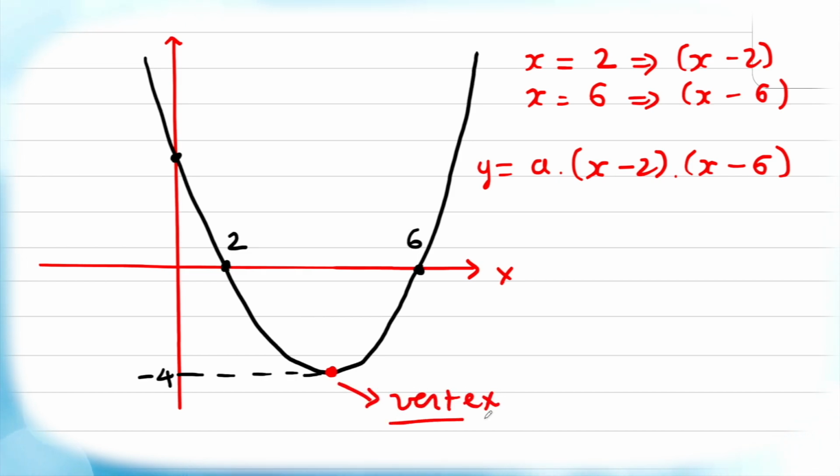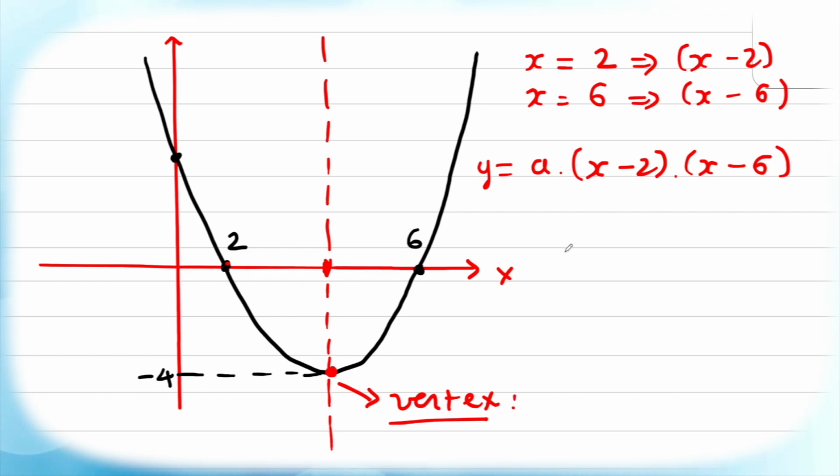So if you want to figure out the vertex, you need to figure out the symmetrical line. From 2 and 6 here, you will figure out the coordinate of the symmetrical line, which passes through the midpoint of these two.